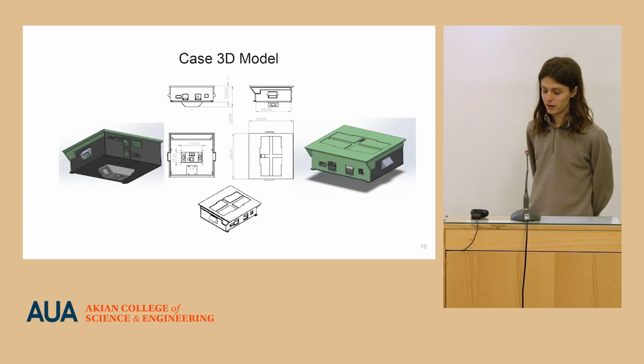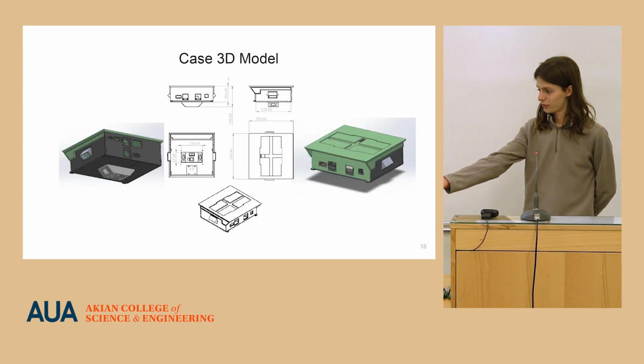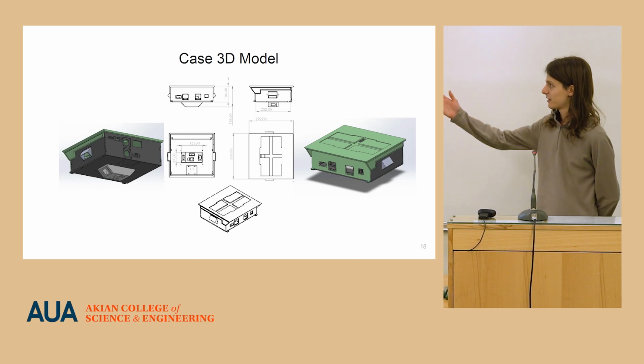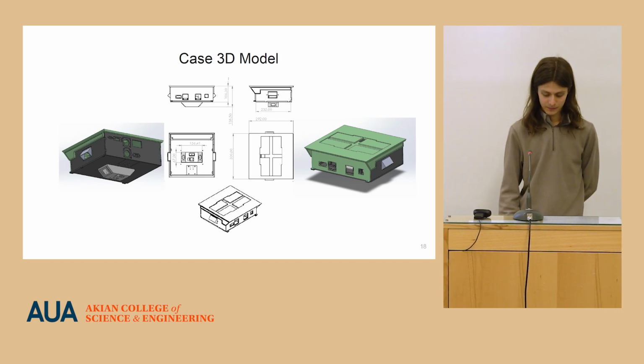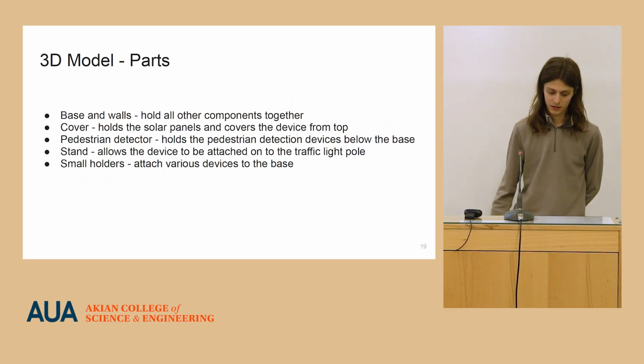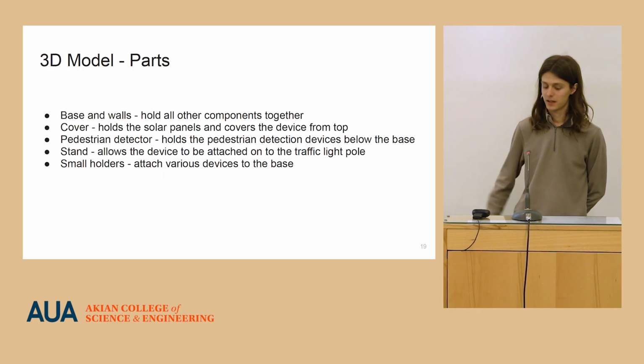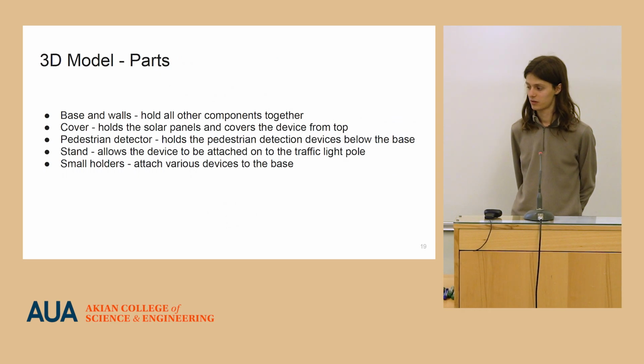So the 3D model, which you can see printed right here. These are its schematics and dimensions. It consists mainly of the base and the walls, which hold the components together.